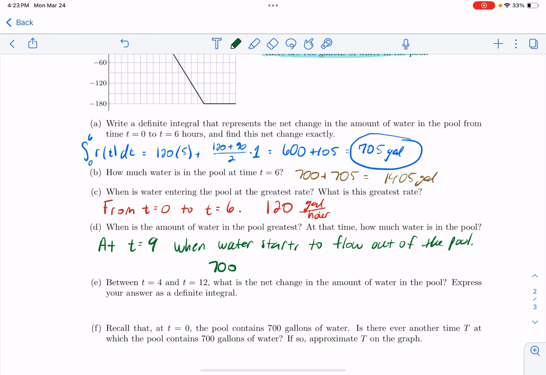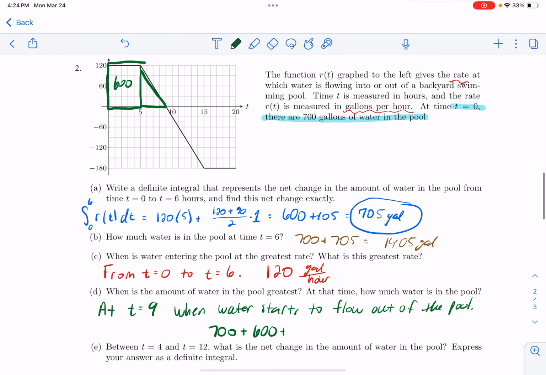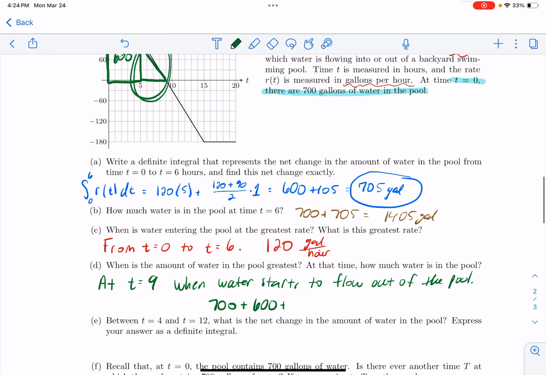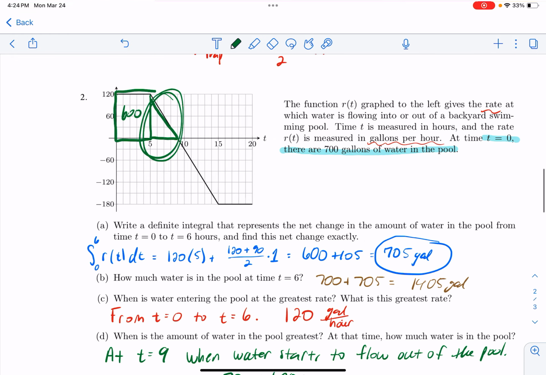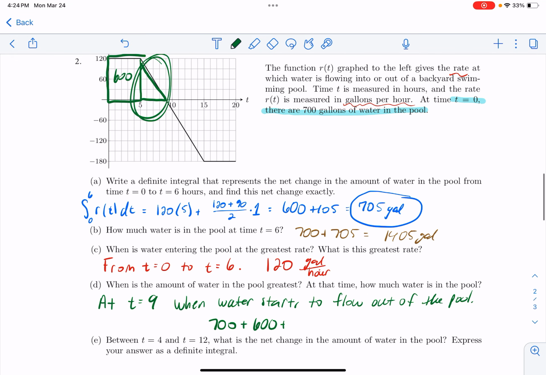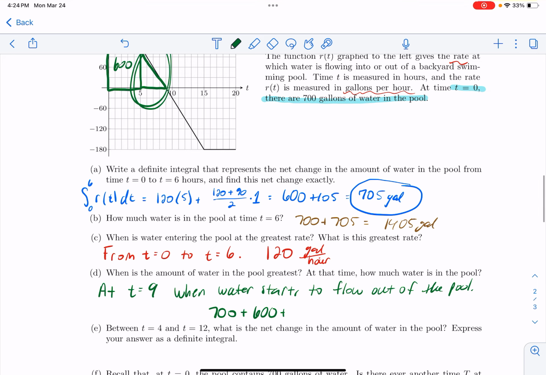So we have, let's see, 700 plus 600 plus that area here, which is just a triangle, so 1/2 times 4 times 120. 4? Yeah, 4. 1/2 times 4 times 120.